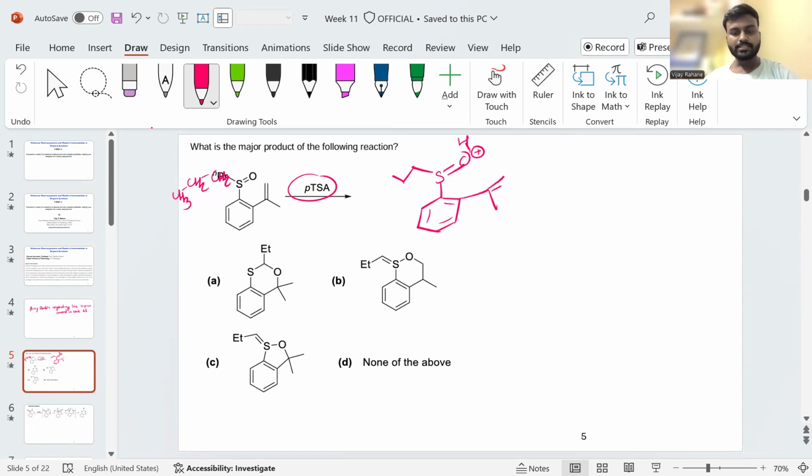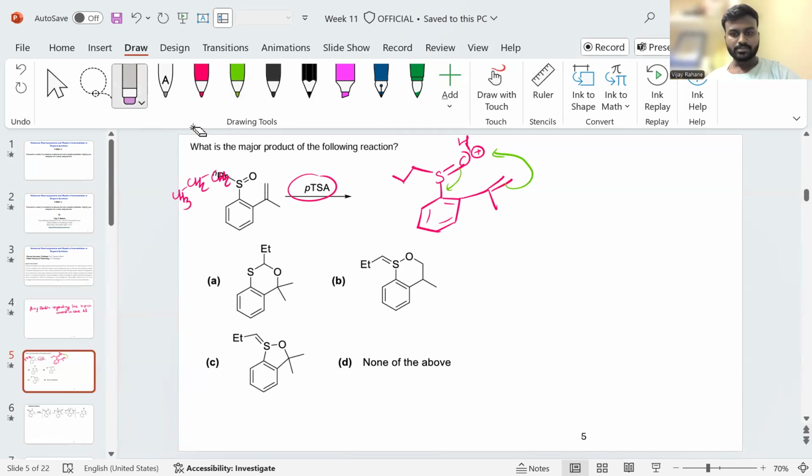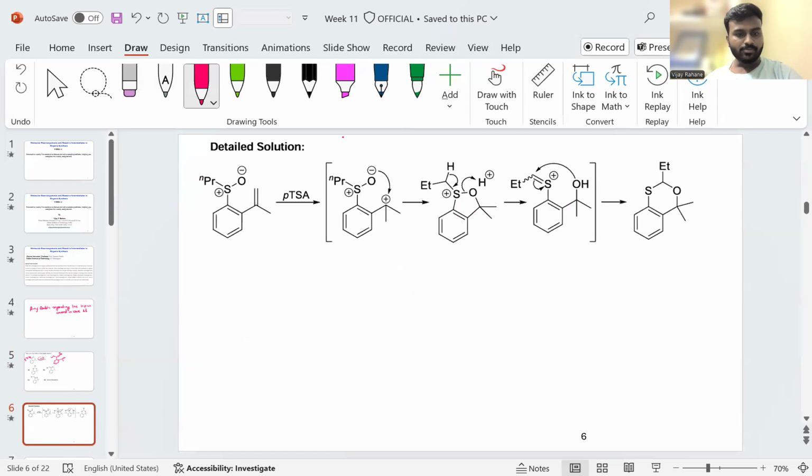If you look closely at the double bond present in the starting material, olefins are generally electron rich, so they can attack, and the attack takes place in this fashion. So we'll go by this mechanism.